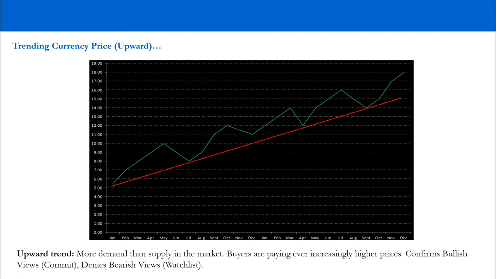Now when you pull a chart up, if you have a fundamental predisposition that's bullish, this confirms your bullish view. So if you see an upward trend, it's confirming a bullish view, and you would probably get a green light on the traffic light system, and you would be looking to commit capital, subject, of course, to our other technical analysis checks of our overall checklist.